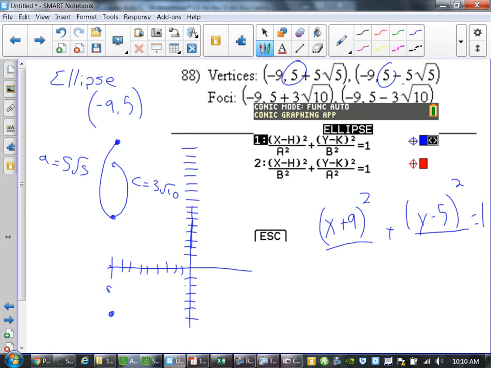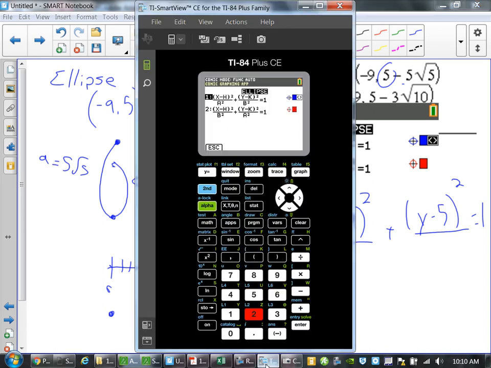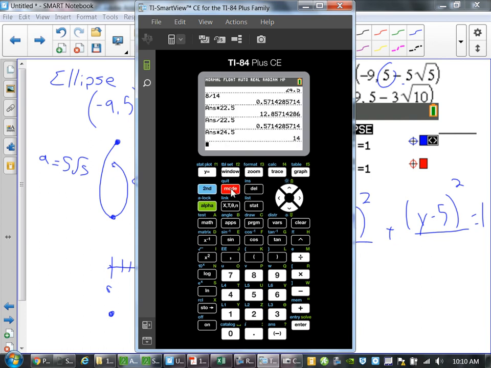When you use your calculator, I do the quantity 5 root 5, and I square it. That gives me my a squared, 125.